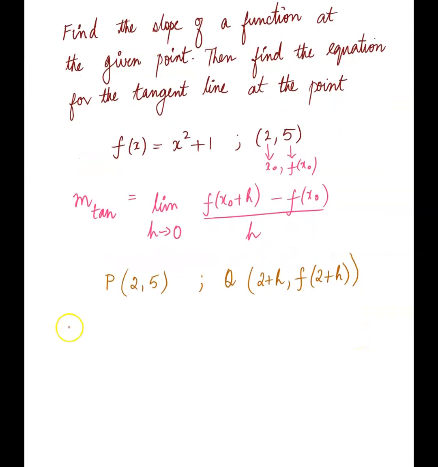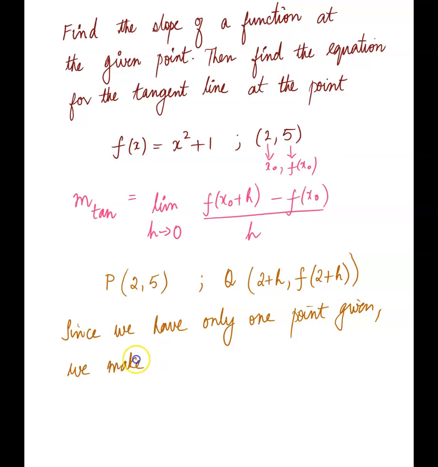So I'll just say here, since we have only one point given, we make another point using h, because that is kind of your help there. And then we allow h to approach 0.